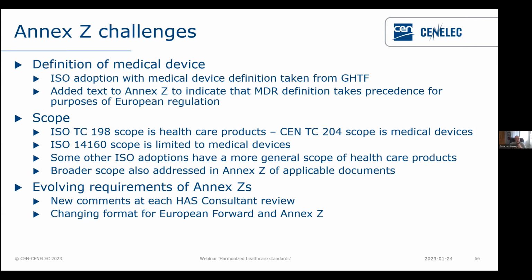And in those standards, we've had to put wording into the Annex Z to indicate that the scope of the Annex Z and the presumption of conformity only relates to medical devices, again, as defined in the medical device regulations. The other issue that we had, as has already been discussed, is the evolving requirements for the Annex Z standards, which take a while to be developed.